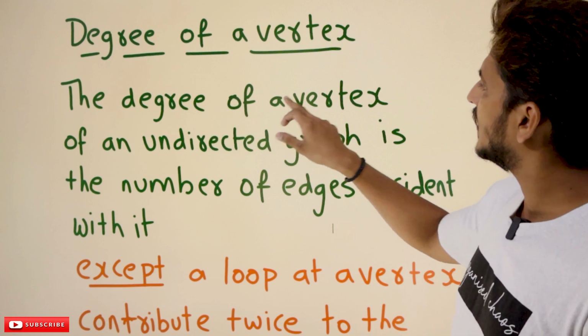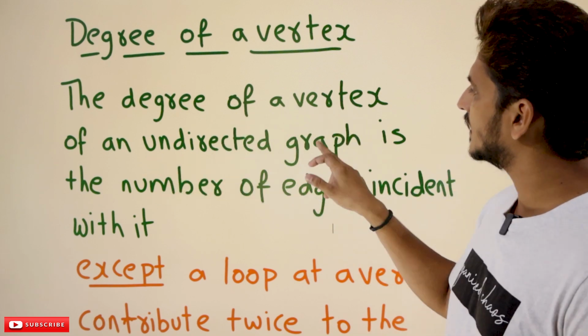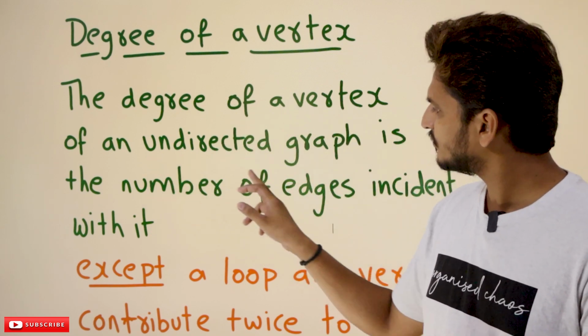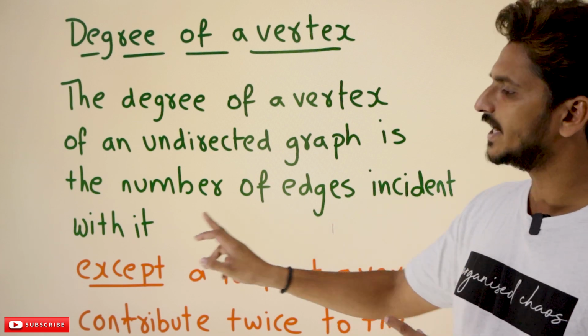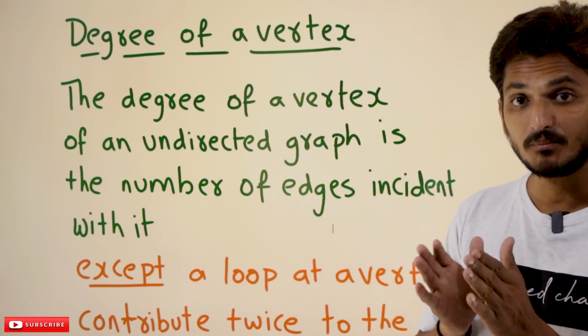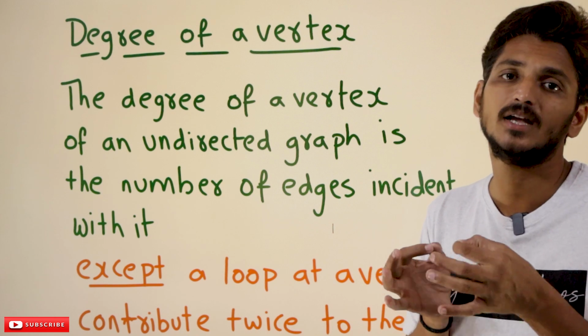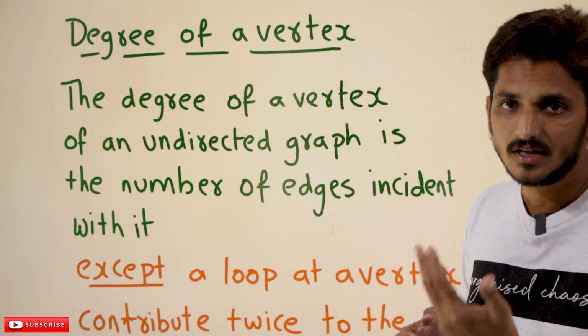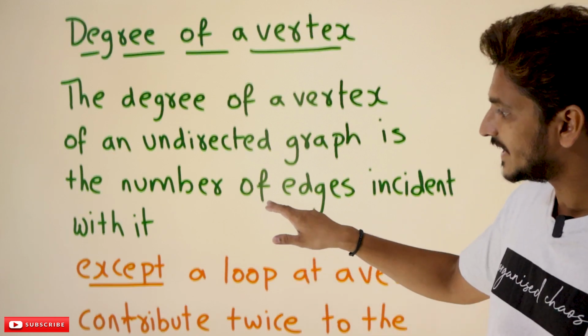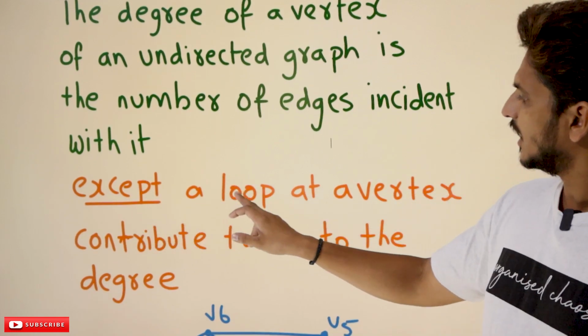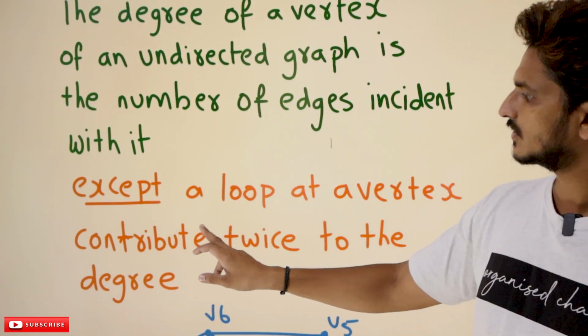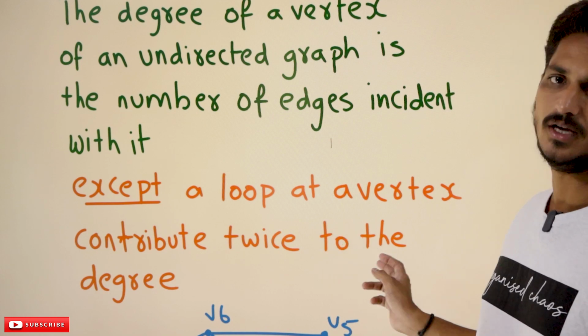The degree of a vertex of an undirected graph is the number of edges incident with it. So the number of edges connected to it, we call the degree of the vertex. There is an exception: a loop at a vertex contributes twice to the degree.